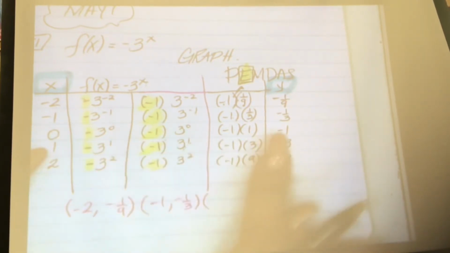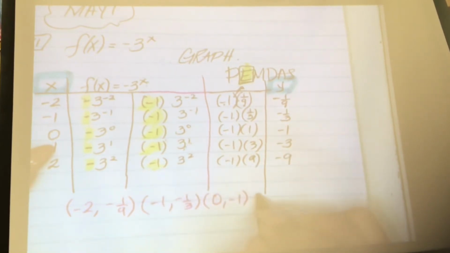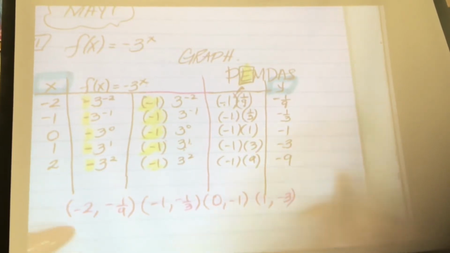What's my point? 0 goes with? Thank you. 1 comma. Amelia, why aren't you writing this down? Corinne, my last point, please.